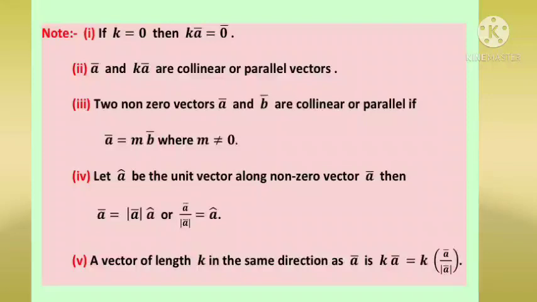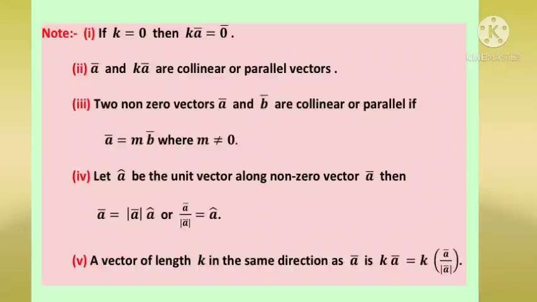Now let us move towards the next note, the fourth one. What it says: let A cap be the unit vector along the non-zero vector A bar. What is the meaning of this? There is a non-zero vector A bar, and along that vector there is a unit vector, that means magnitude is 1, which is A cap. So what will A bar be equal to?